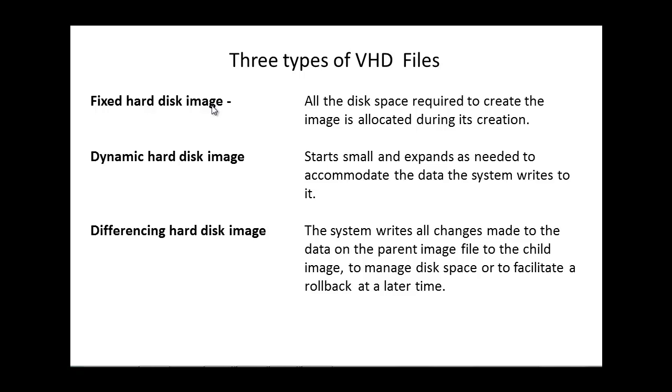With the second type of VHD, we do have dynamic expansion, but this disk works differently. It is an image file with a specified maximum size. So when you are creating the dynamic hard disk, you give the maximum size for the disk.